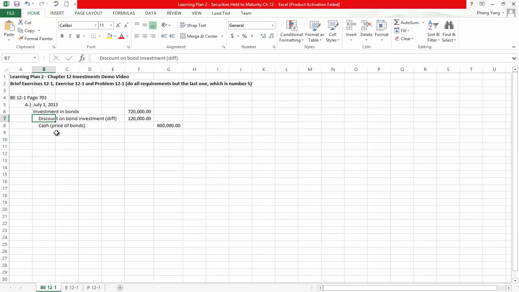And discount on bonds is a contra asset account. It's going to decrease the investment in bonds to its net amount. At the end, when the bonds mature, the discount netted with the $720,000 will equal that cash price.